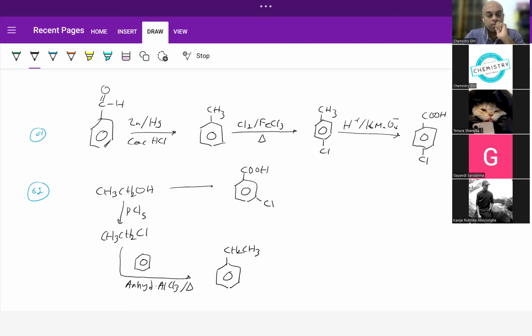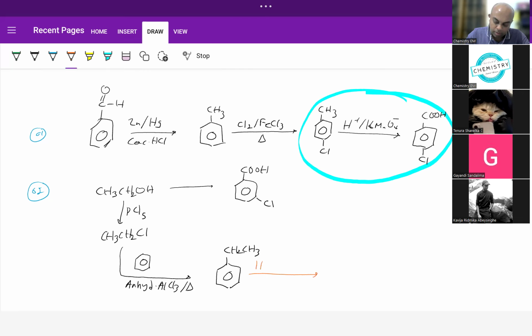That is something that you need to remember, right? Benzene ring CH3 oxidation, as we saw in the previous one. I'm talking about this one. That is also converting into COOH. And if I add H plus MnO4 minus ions to this one, then again this one will be converted into COOH. This is something that you need to remember.